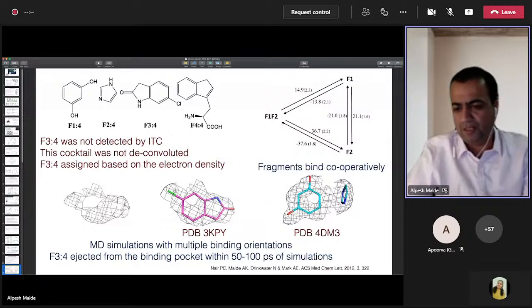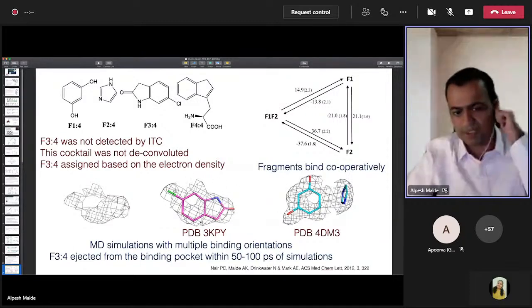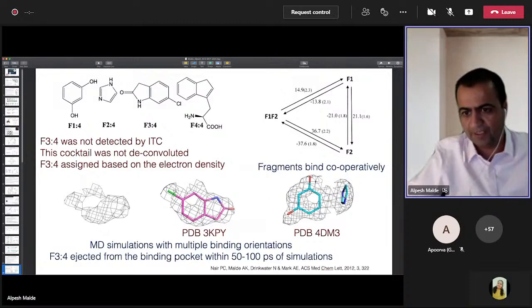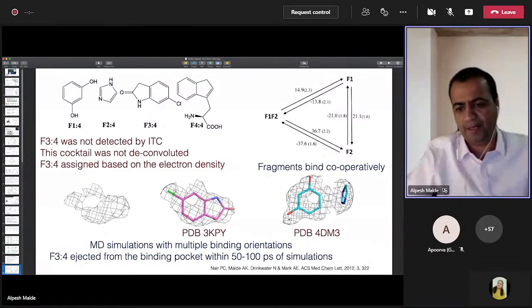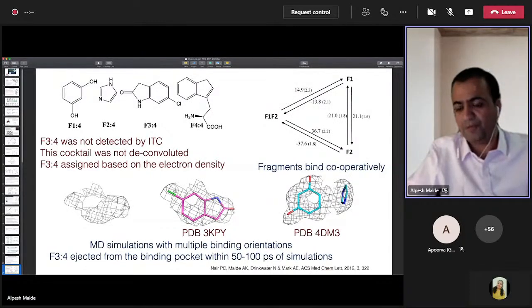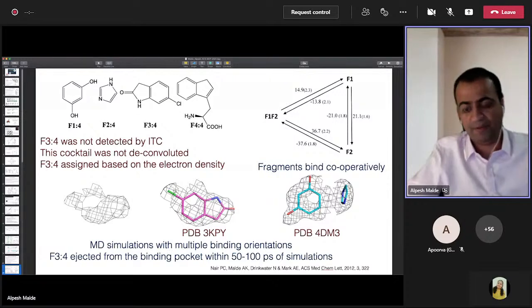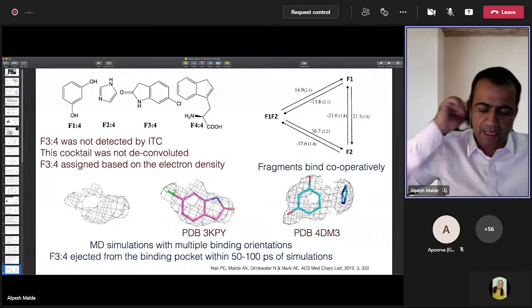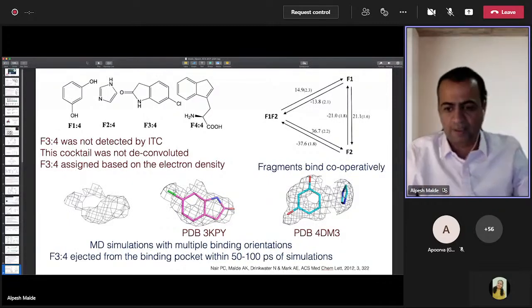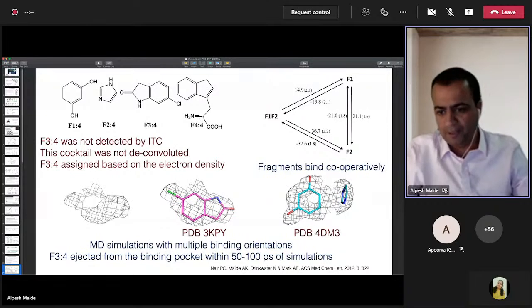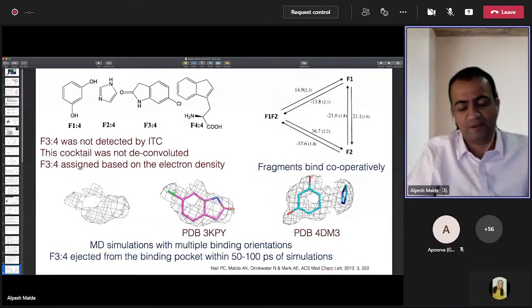So eventually, I haven't checked recently, I think this structure was removed, and now this is the only structure that remains in the Protein Data Bank, which explains that actually in the binding pocket we don't have this fragment, but we have these 2 fragments. And this gives a very good starting point for joining these fragments in fragment-based drug design. But unfortunately, the experimental group discontinued this project, so we could not go further building this molecule and testing it.